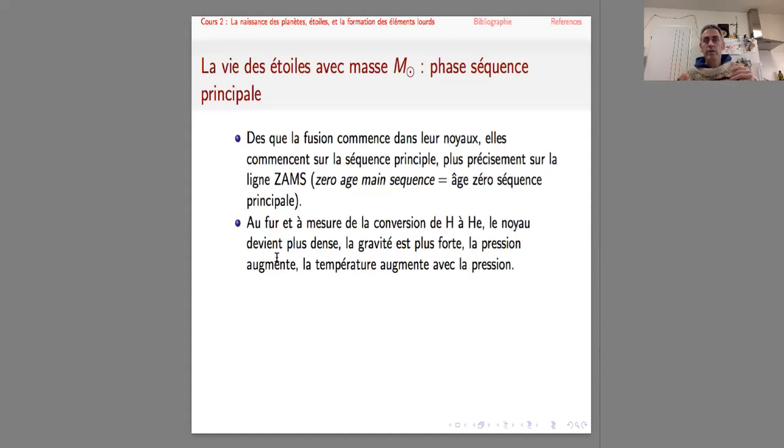It has nothing to do with the nucleus of an atom or an ion. It's the central region of the star.